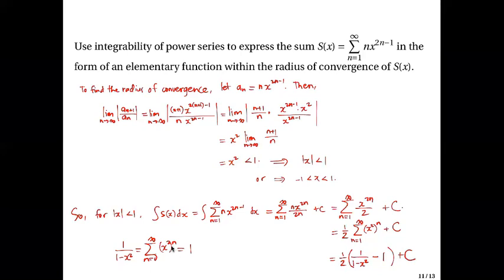When n equals 0, you just have the constant 1, and then you have the series from 1 up to plus infinity of x squared raised to n. So we have to subtract that 1 to obtain this part here.